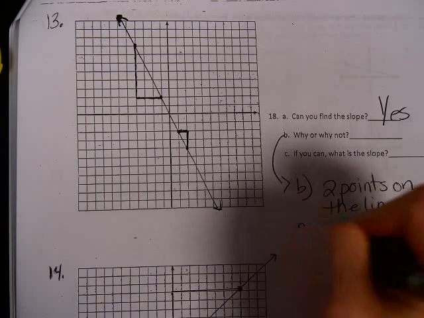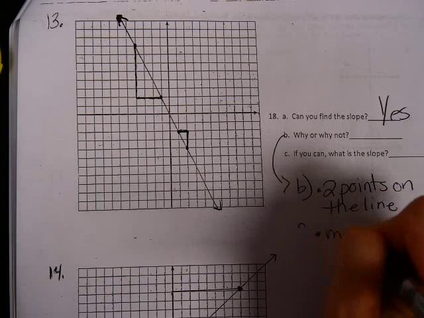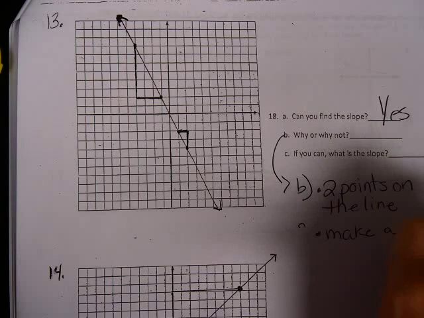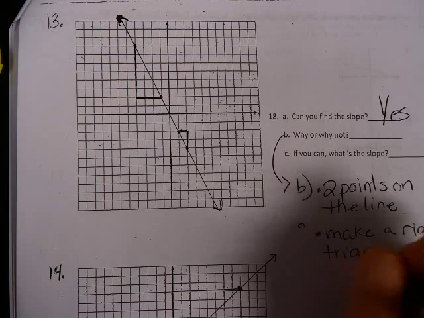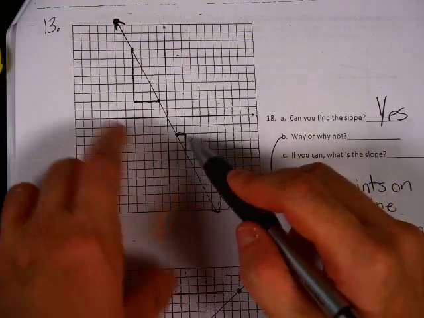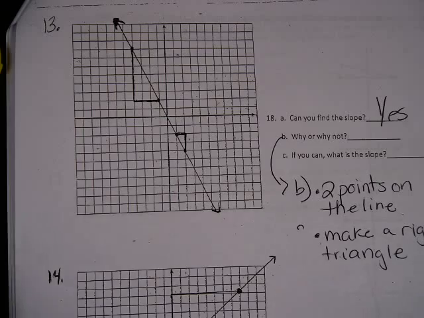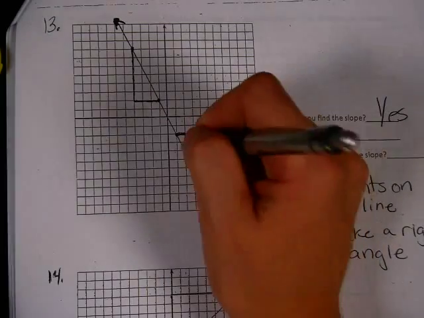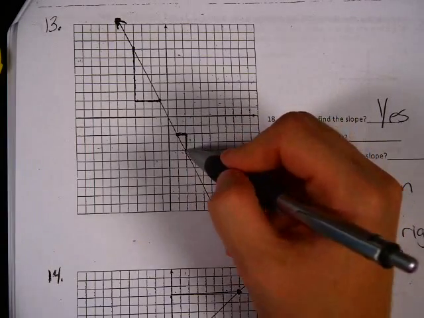And it had to make a right triangle. By all accounts, that's what's happened. That is a right angle and that is a right angle, so we can find slope. So let's do it. I'm going to use this little guy. Because they're not labeled, we're going to have to assume they're counting by 1.